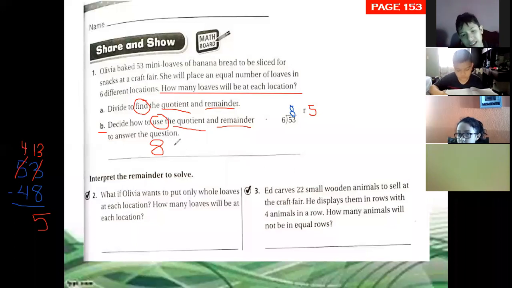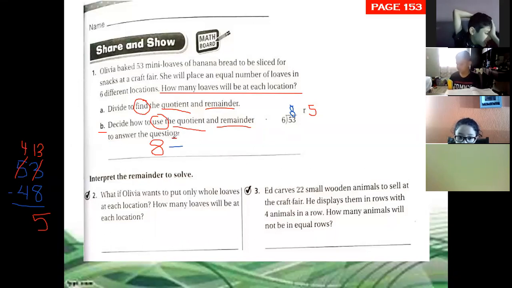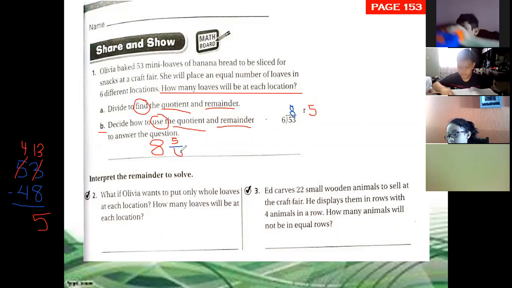Yes, we need to use the remainder, which is 5. This is the numerator. And the denominator, what number goes here? 6, exactly. We have to write the divisor. 8 and 5/6. That's the answer.